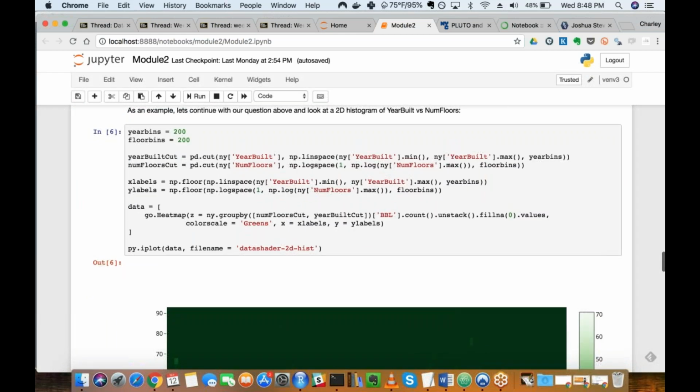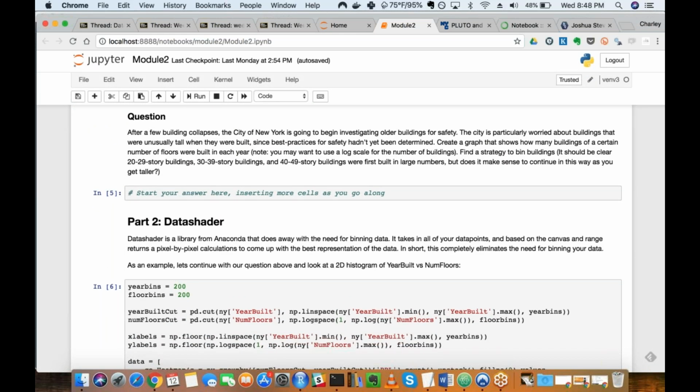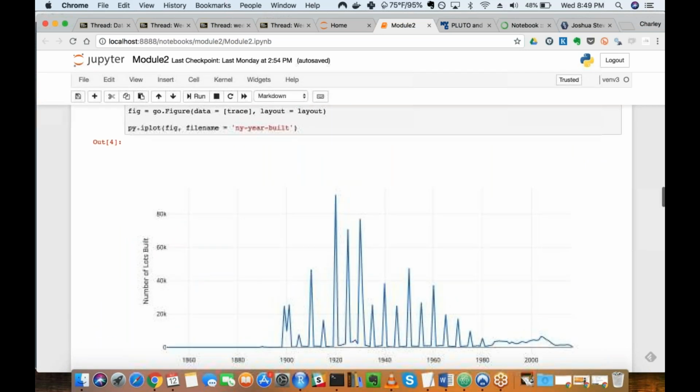For the second question, we're using a library called Datashader, and Datashader essentially does away with the need to bin data. As I was mentioning before, a lot of times you need to think about what you want to do in terms of binning. You think about the sort of question you're asking, and you let that guide how you bin and aggregate your data in order to answer it.